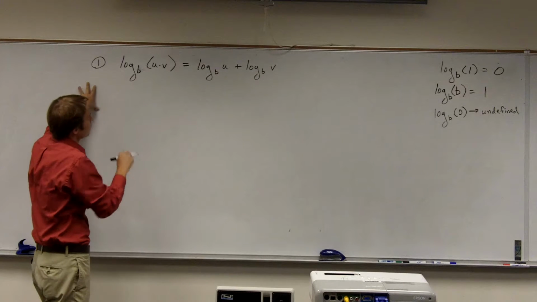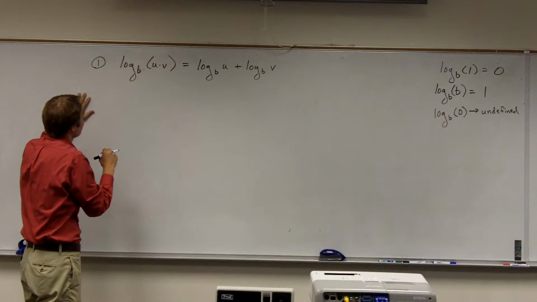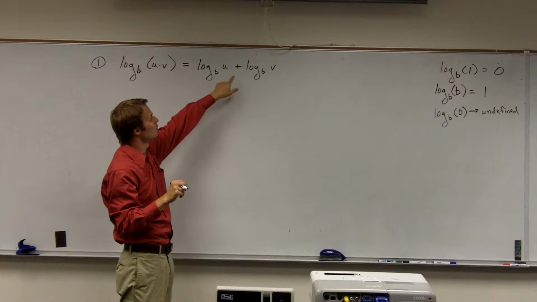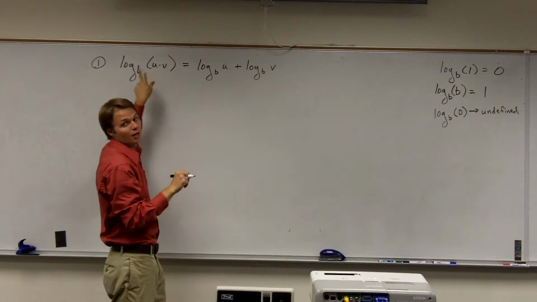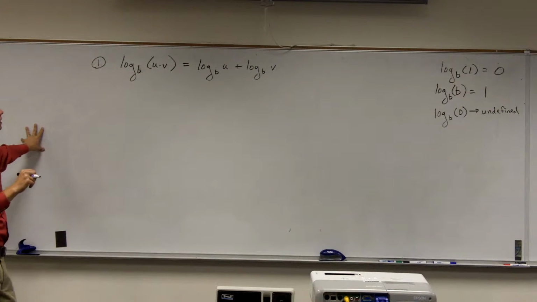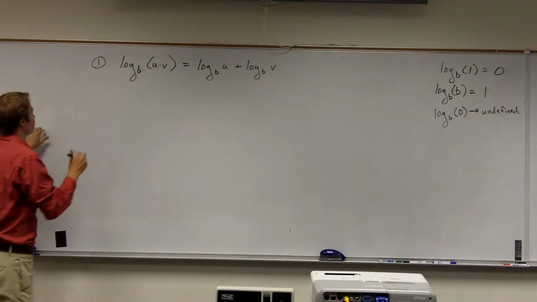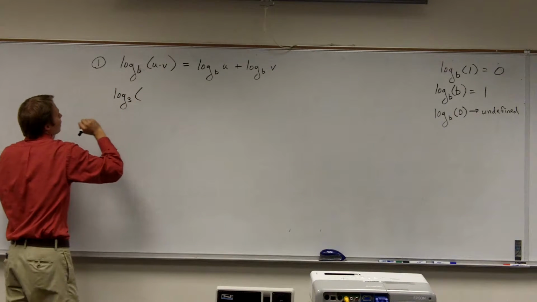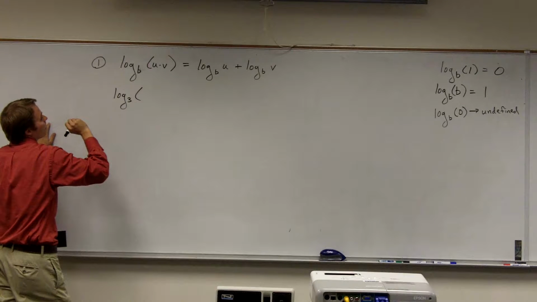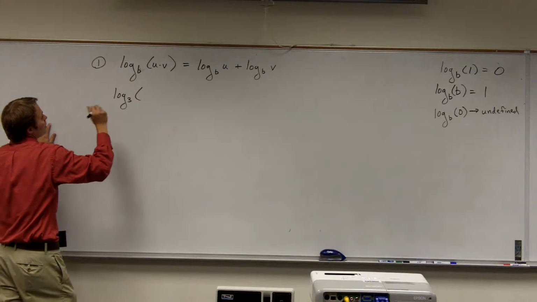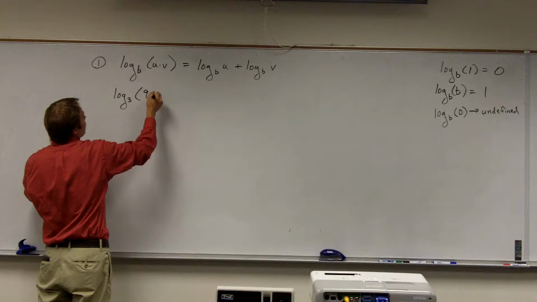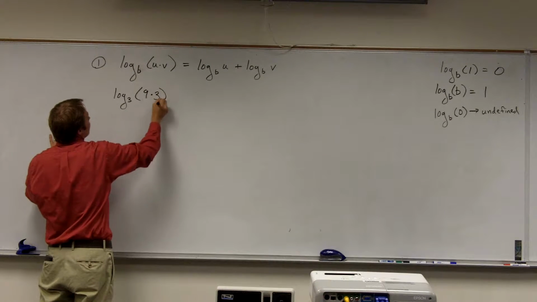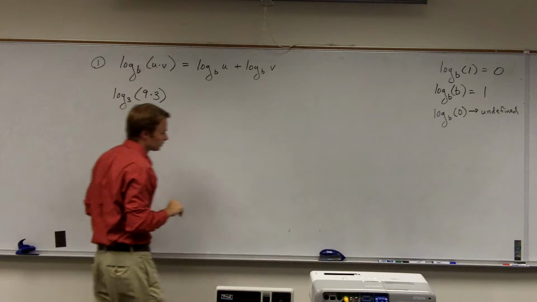So a situation where this might come in handy is if you know what log base b of u is, and you know what log base b of v is, but you don't know what the combination of them necessarily is. I'm going to break up something like this. Log base 3 of, we'll say, like 9. Well, that's not a good example.